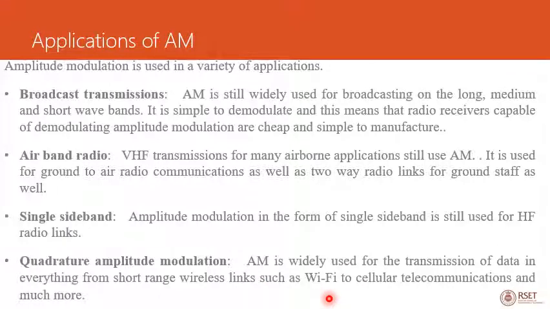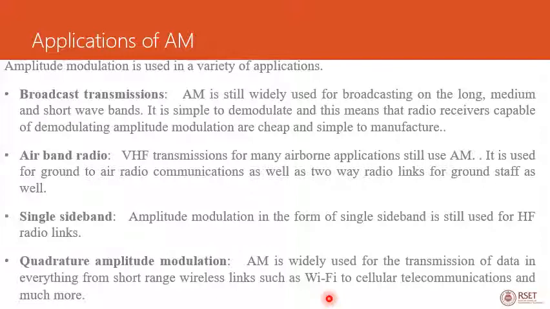So in this lecture, we discussed the AM modulating circuits, that is the low level and high level modulators, which are used to generate the conventional AM signal. In the conventional AM signal, one of the drawbacks is that the maximum efficiency which can be achieved is only 33.33%. If you want to improve your efficiency from 33.33% to 100%, then we have to suppress the carrier.